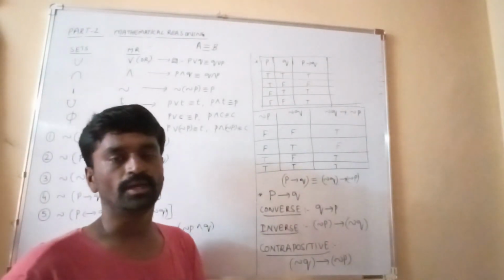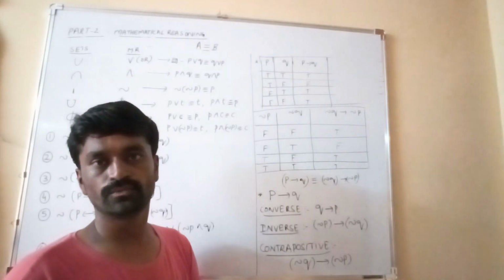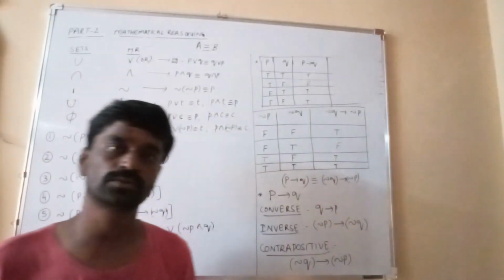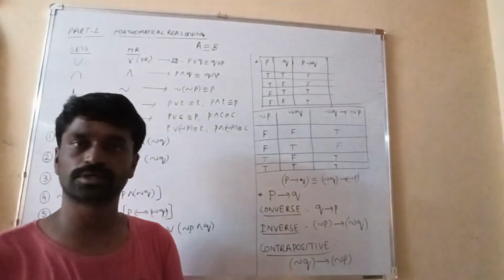Okay, next up: converse, inverse, contrapositive. In NCERT we have only converse and contrapositive, but it is better to learn inverse also.